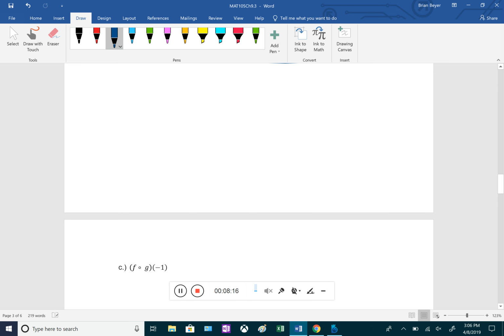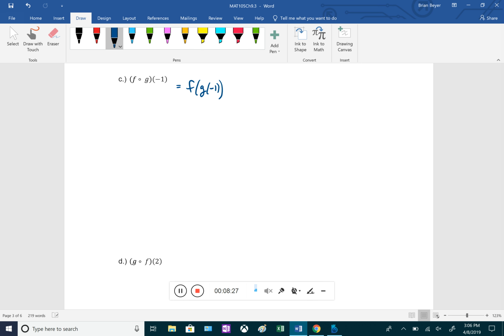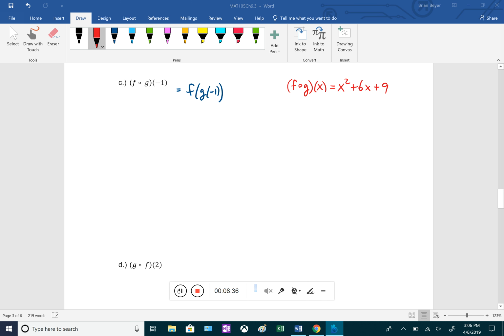Okay, so now for the next one, we have f of g of negative 1. So this means we want f of g of negative 1. So we actually have f of g of x already, so we can use that function and plug in negative 1. So from the first part of this question, we found that that function was x squared plus 6x plus 9.